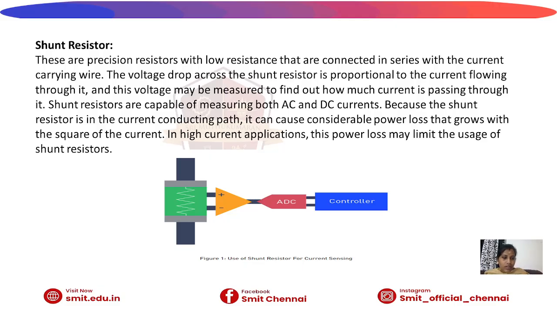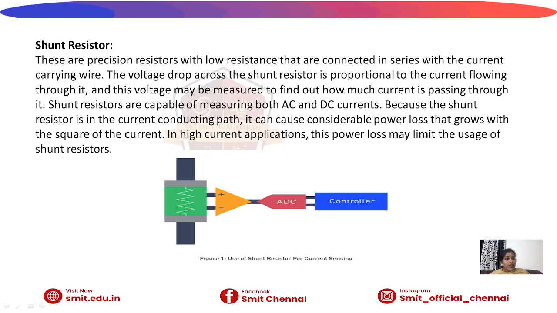The shunt resistor is also a current sensor. These are precision resistors with low resistance that are connected in series with the current carrying wire, as in your diagram.